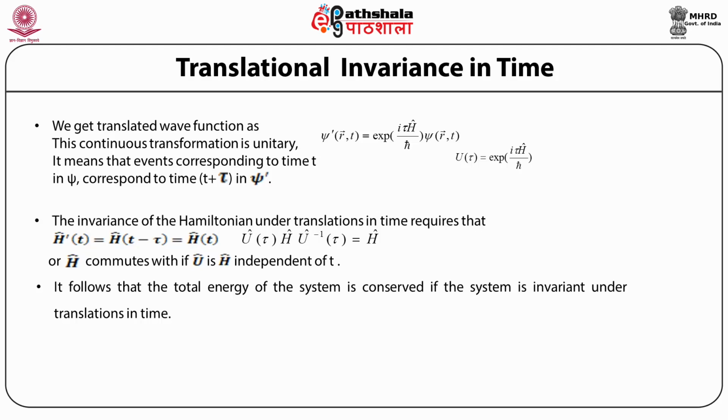That is, using the transformation operator U of tau, we can write operator U of tau, Hamiltonian operator H, operator U inverse of tau is equal to the Hamiltonian operator H, or the Hamiltonian operator commutes with the transformation operator U if the Hamiltonian operator H is independent of time.